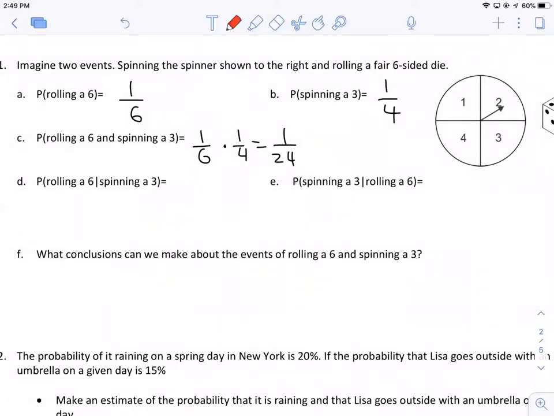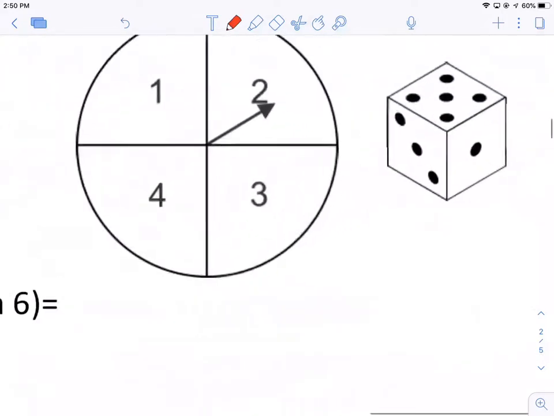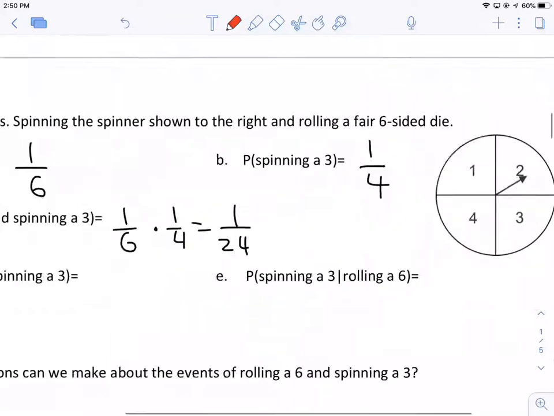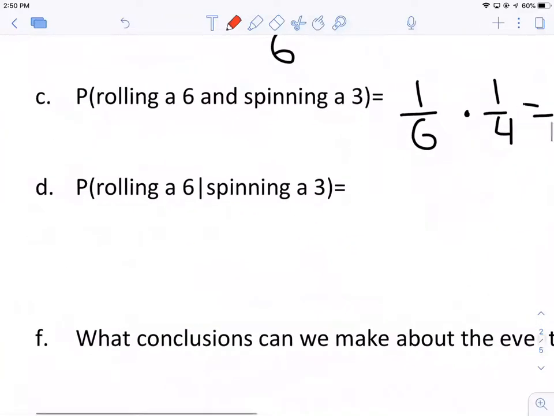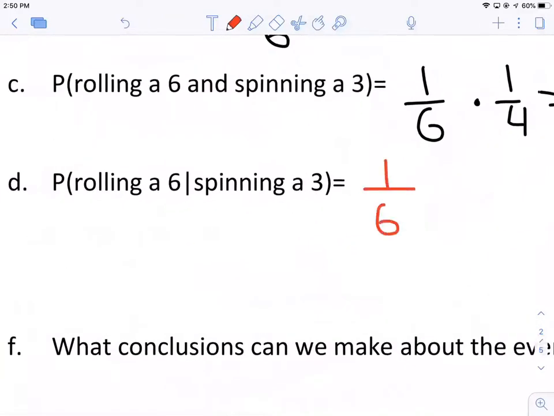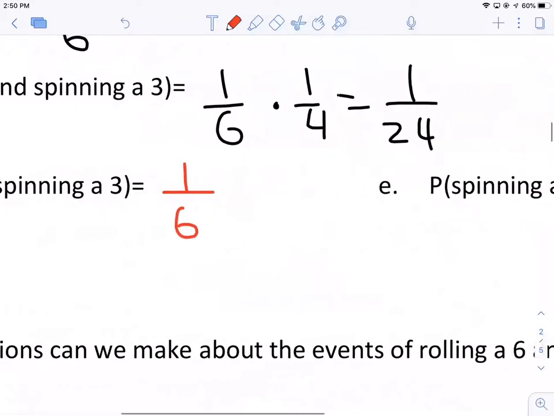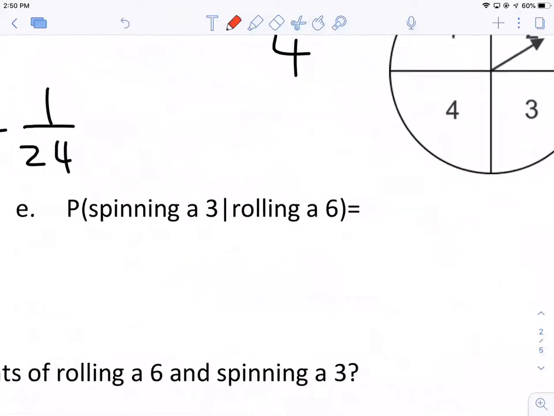What's the probability of rolling a 6 given that you spin a 3? Well, given that I spin a 3 doesn't affect my chance of rolling a 6. I could have spun a 4, and I will still have a 1 out of 6 chance of rolling a 6. Right? If I rolled a 6, given that I rolled a 6, what's the chance of spinning a 3? Still 1 out of 4.